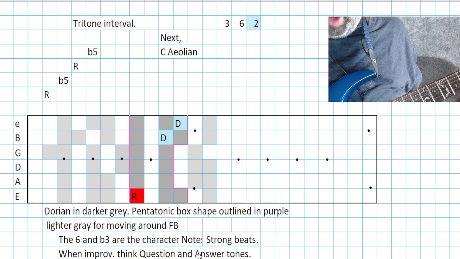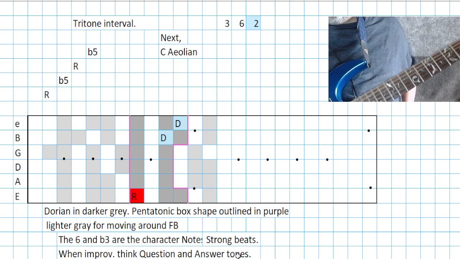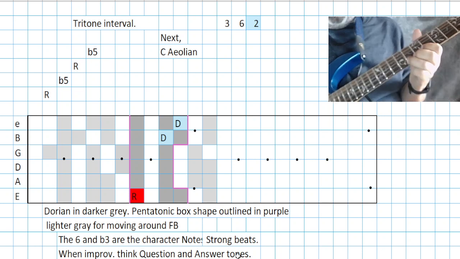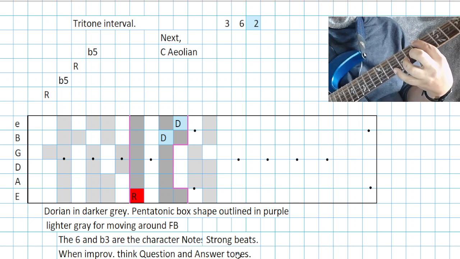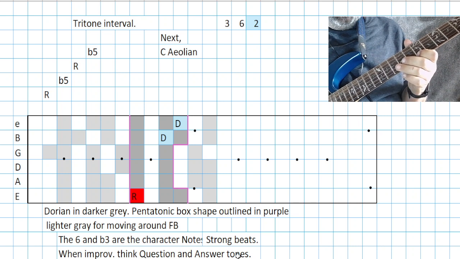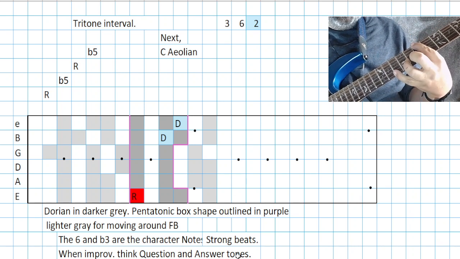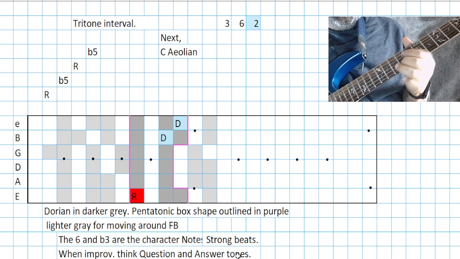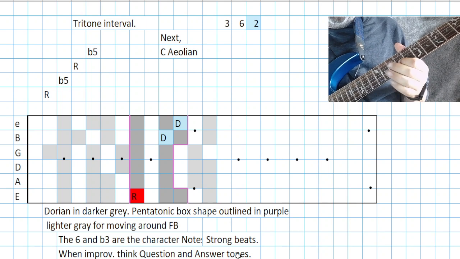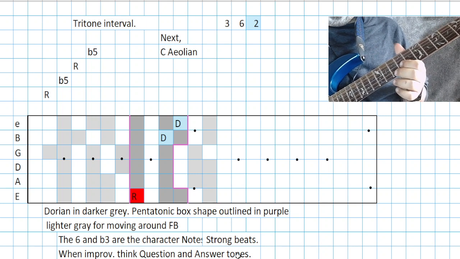Whatever it is, when you're improvising, think about question and answer tone. So now that you've got this under your fingers, that sounds almost like an answer note to me.